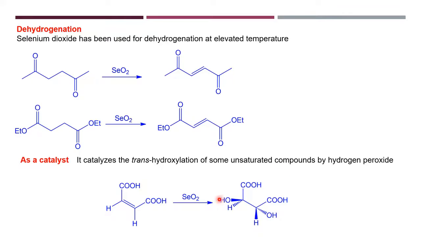If you check the stereochemistry of both the OH groups, they are anti to each other. So that means if you are using cis-butenedioic acid, then that will lead to the formation of two products which are going to have an enantiomeric relationship with each other.